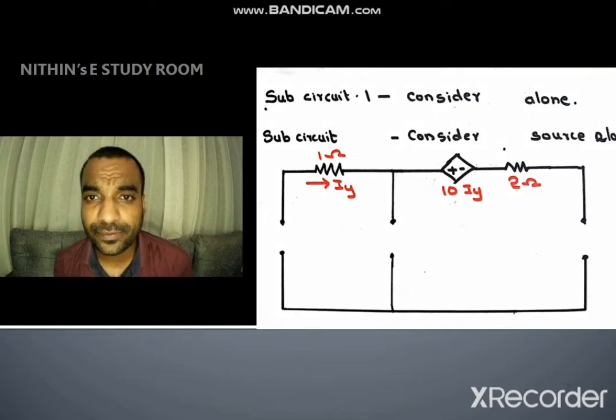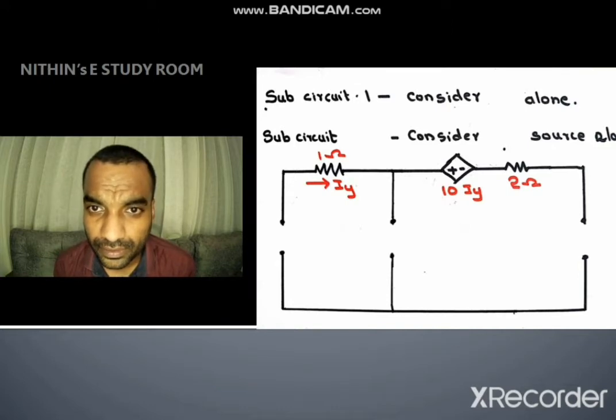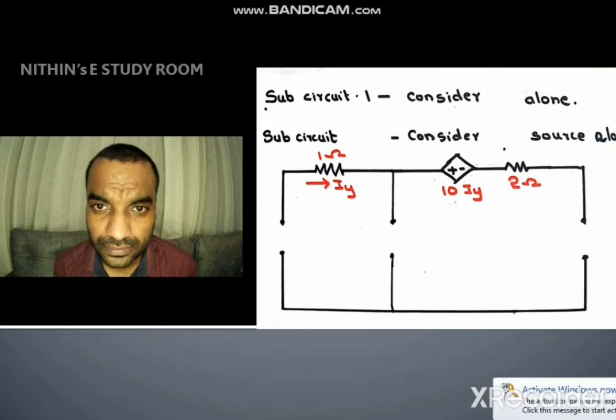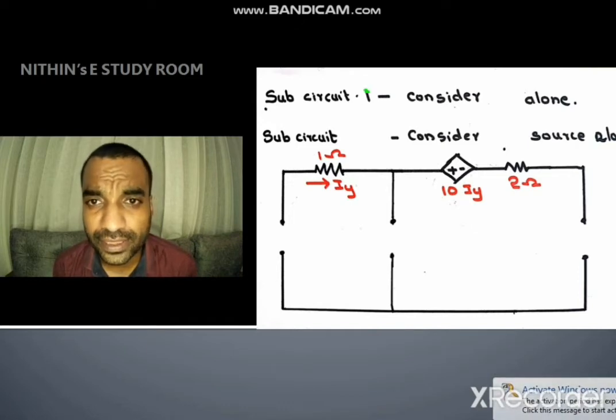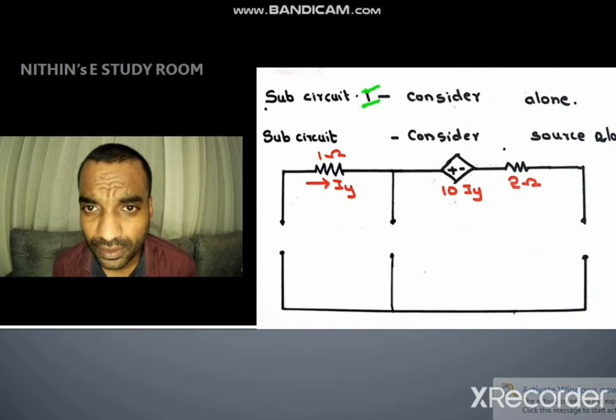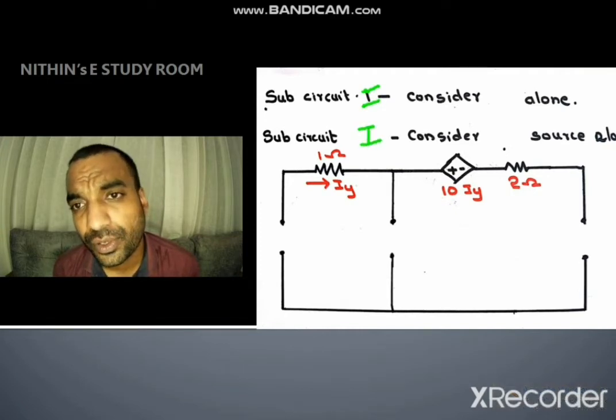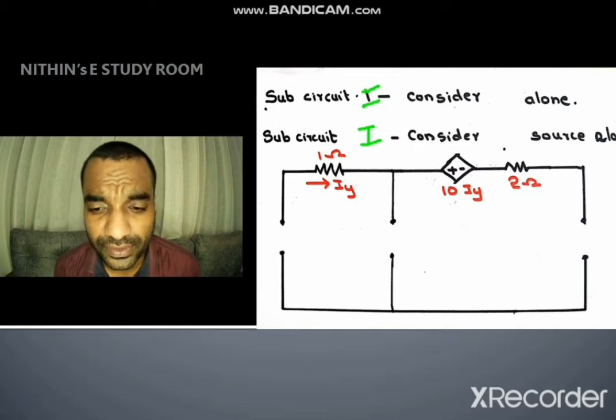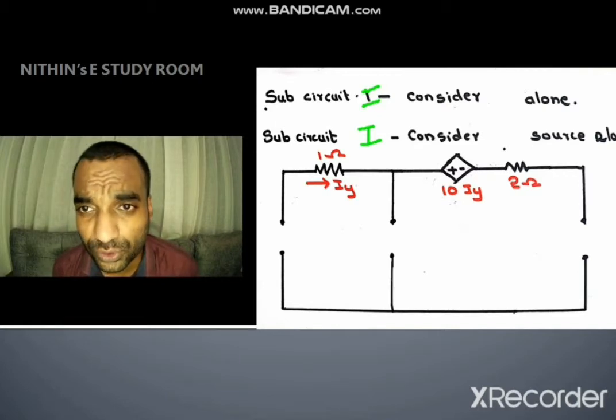Now we can say it is subcircuit 1. You are going to consider in subcircuit 1 the first source. It is a 10 volt source.